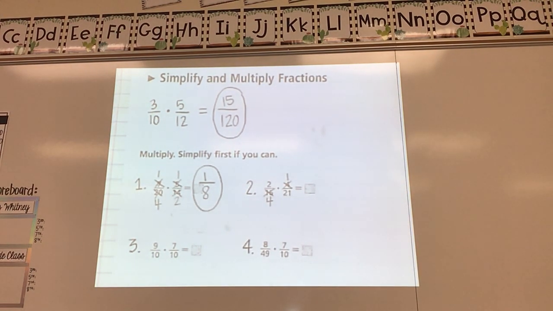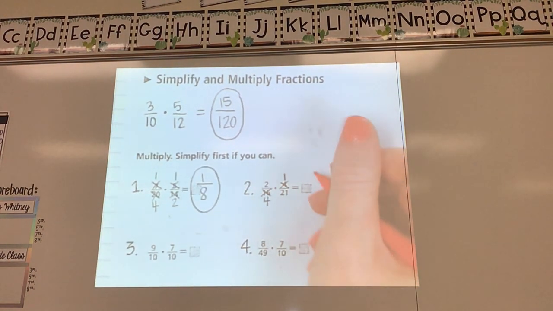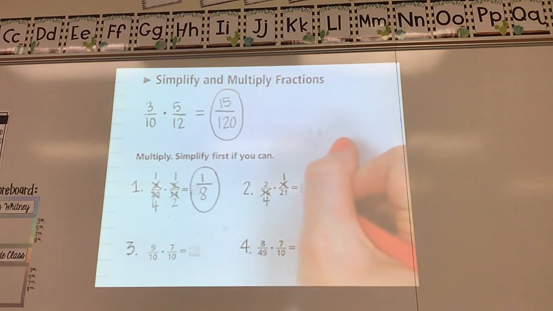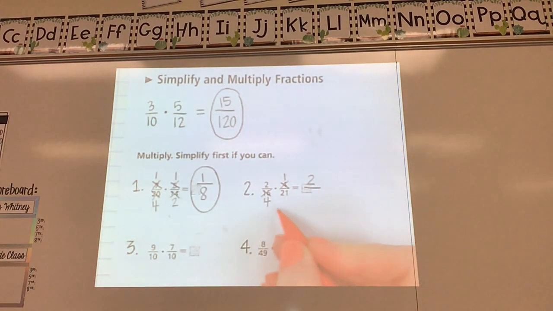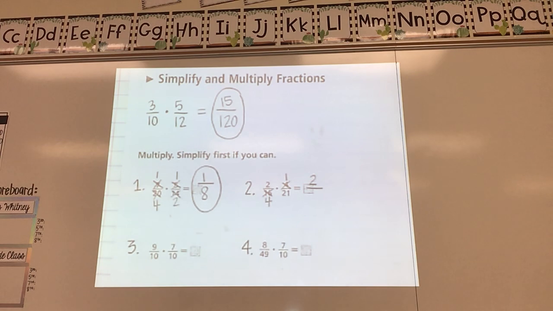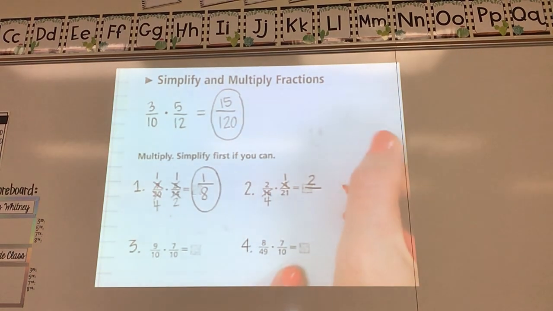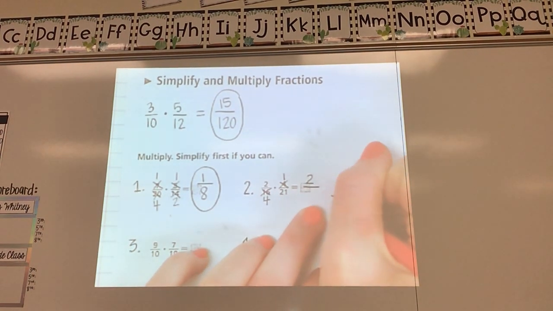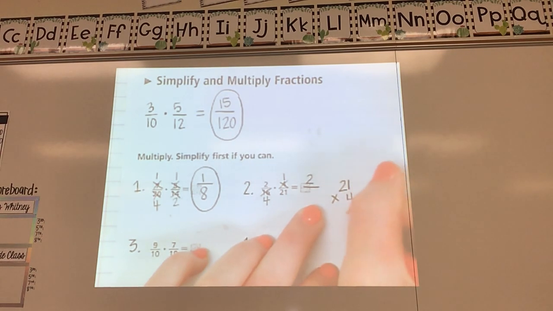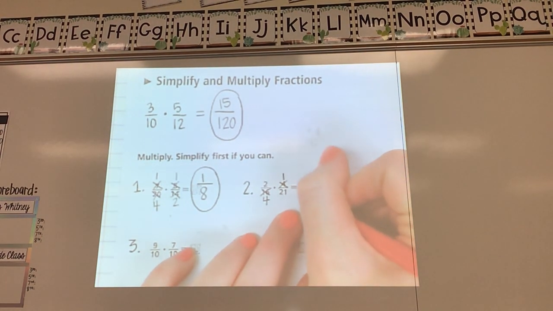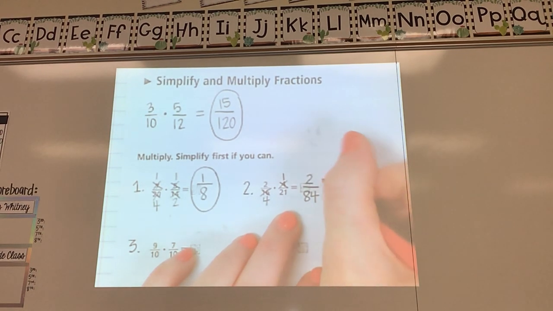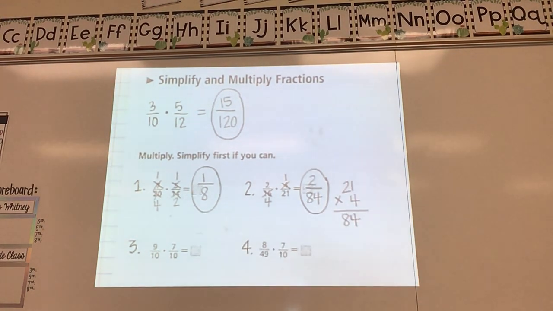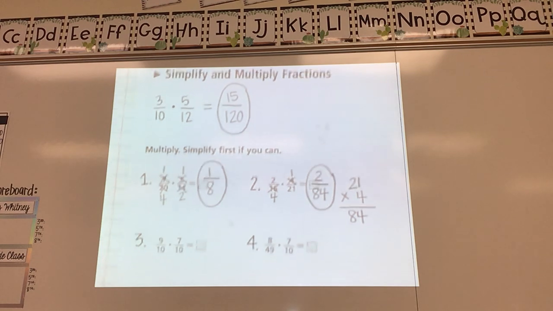Now I'm going to multiply across. 2 times 1 is 2. 4 times 21. Might have to work that one out. So you can do 21 times 4. And that would be 84. So 2/84. Nice job.